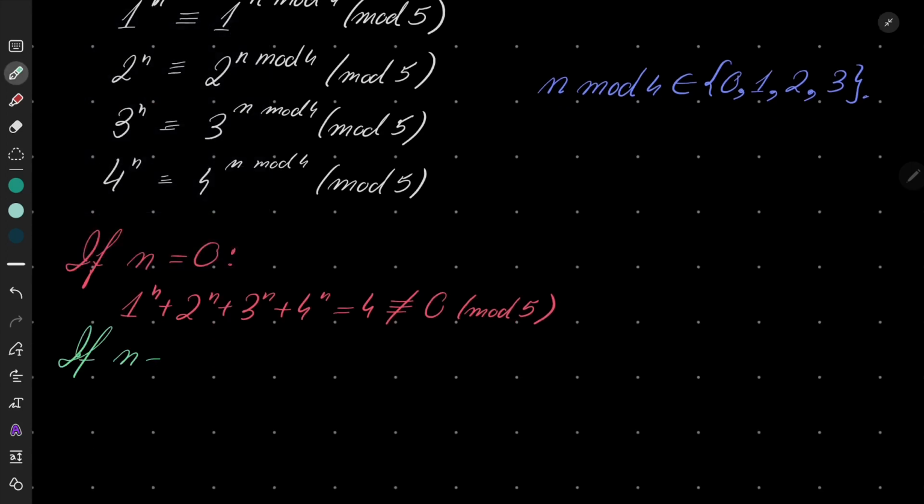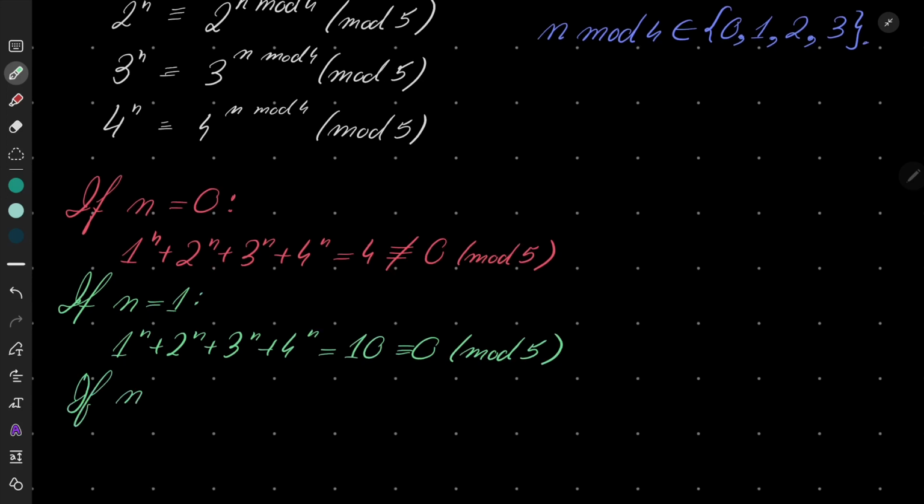If n equals 1, we have 1 to the power of n, 2 to the power of n, 3 to the power of n, 4 to the power of n. It's just 1 plus 2 plus 3 plus 4, and that's 10, and 10 is congruent to 0 modulo 5.